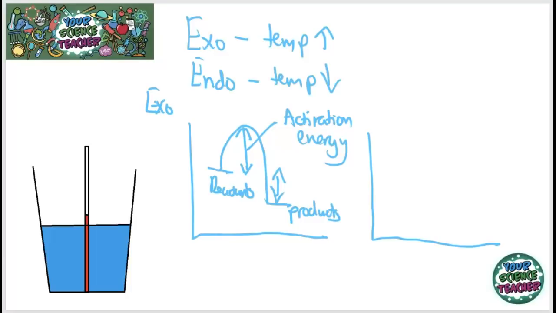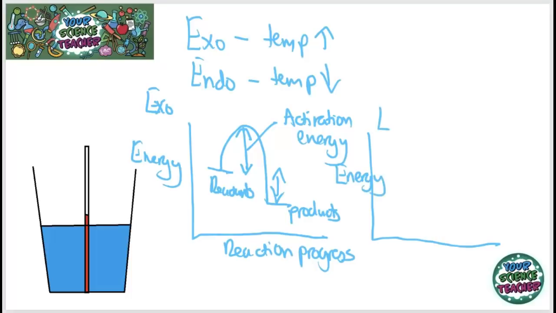Now, what are my units for my axes? I have energy on my y-axis, and I just have the reaction progress on my x-axis. So let's add the same things over here for my endothermic reaction. And this time it's the opposite way round. The energy of my reactants is lower than the energy of my products.